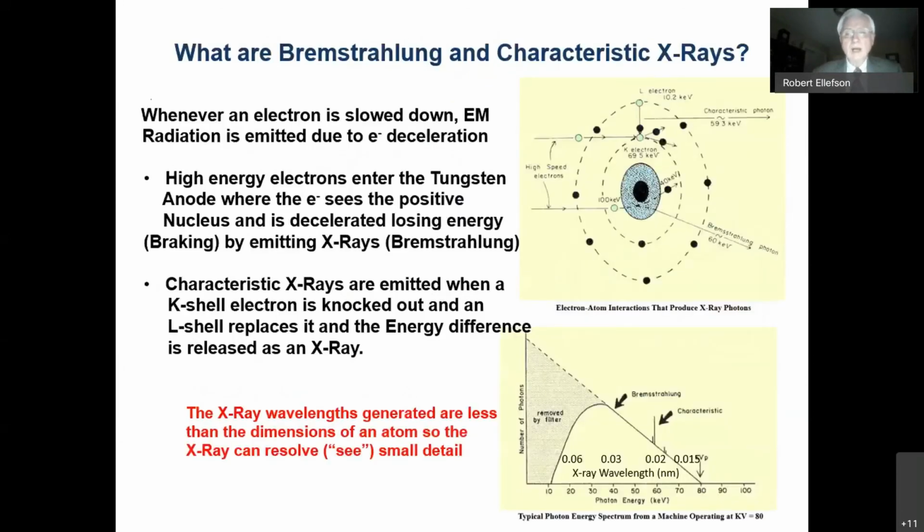So what's Bremsstrahlung and what are characteristic X-rays? Well, whenever an electron is slowed down, electromagnetic radiation is emitted due to the electron's deceleration.